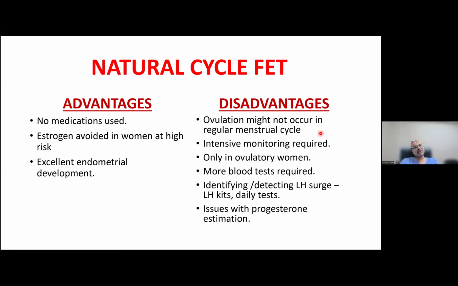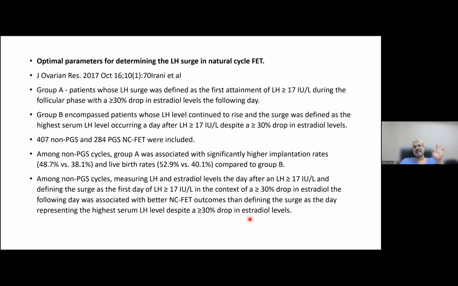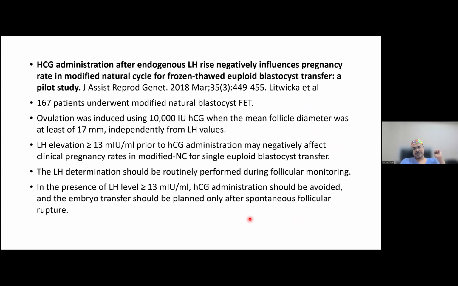Disadvantage: ovulation might not occur in a regular menstrual cycle and your cycle will go. Intensive monitoring is required, only in ovulatory women. More blood tests are needed. You need to do LH tests and E2 levels, and there can be an issue with progesterone estimation. So my honest suggestion is don't do a natural cycle FET, but do letrozole FET for all your patients.